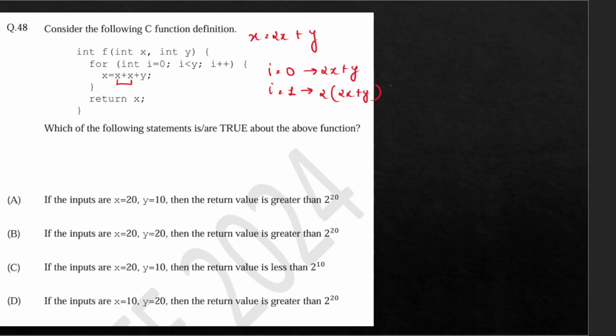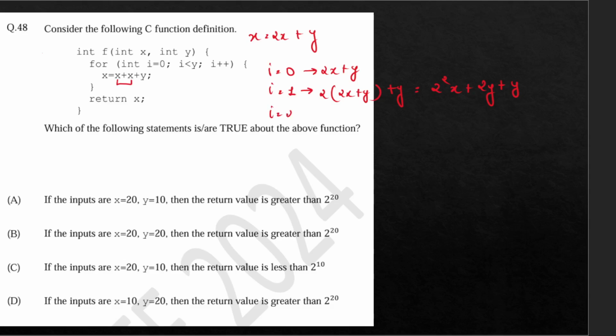2x plus y, which if you solve this will be 2 square x plus 2y plus y. You don't have to generalize this, please don't solve; we have to generalize this one.